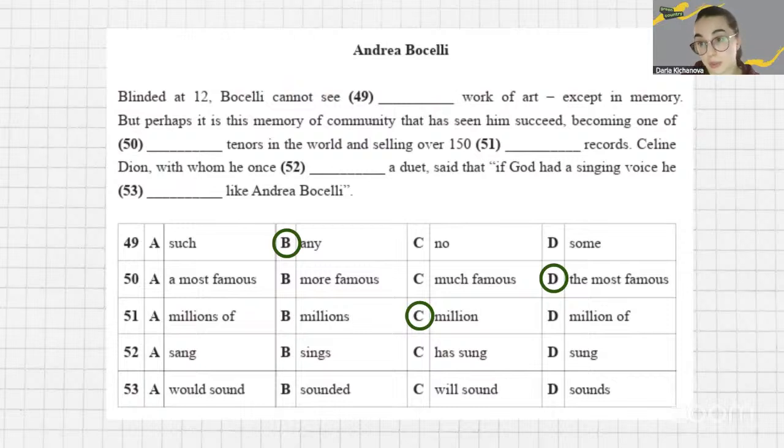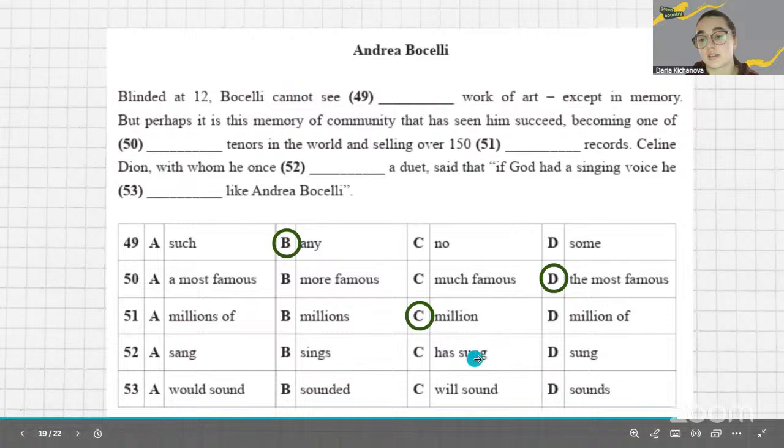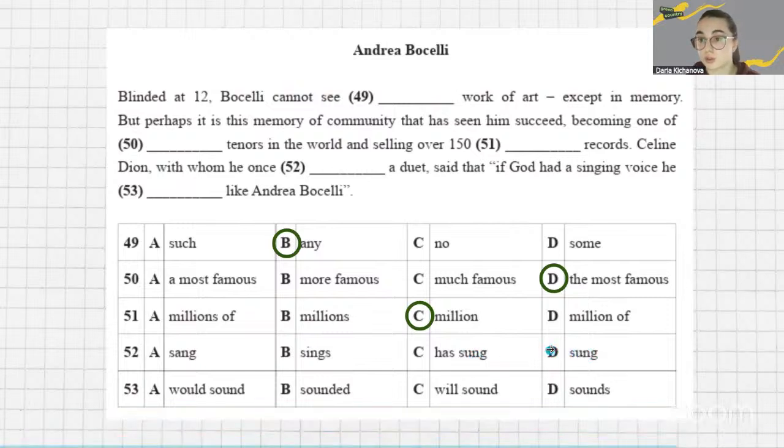And the word that can help us to use our context, as we remember, there will be the word once. When we talk about this person, we understand that we are talking about him in the past. So we can cross out sings and has sung. And we have D, that is the third form of the verb, and A, that will be past simple.